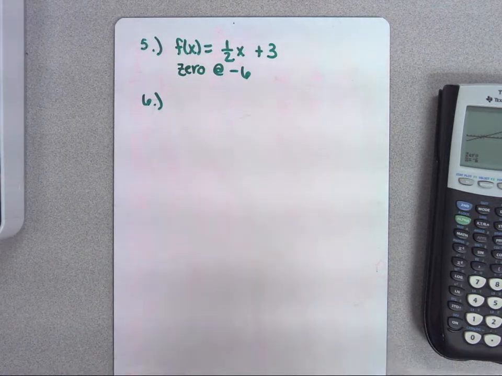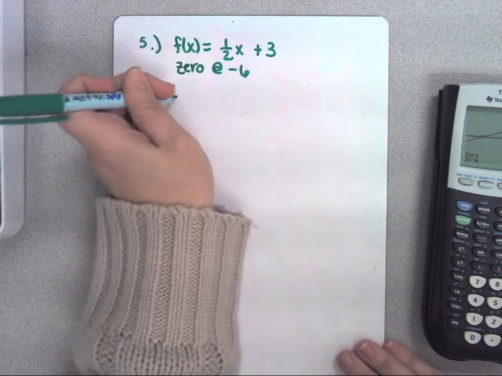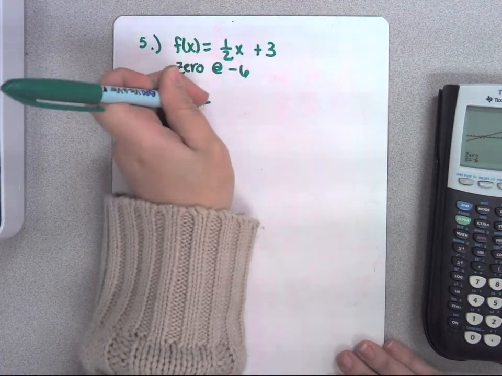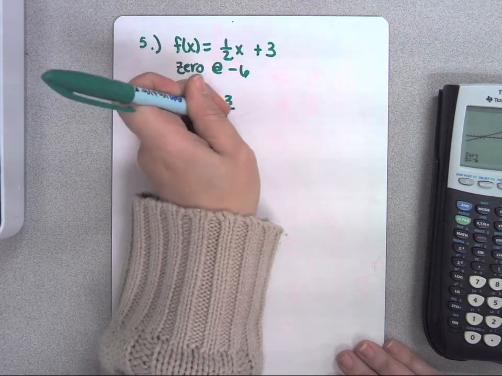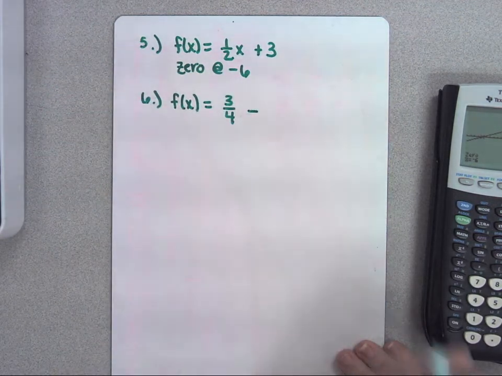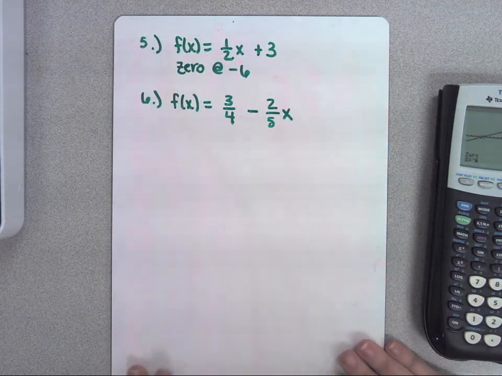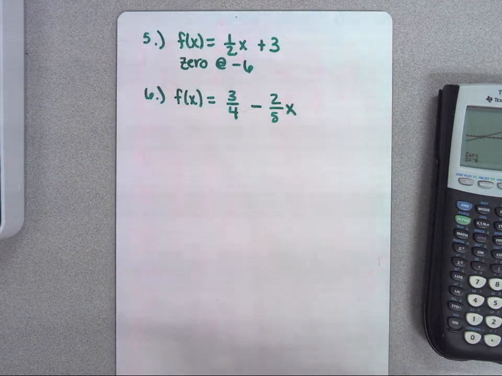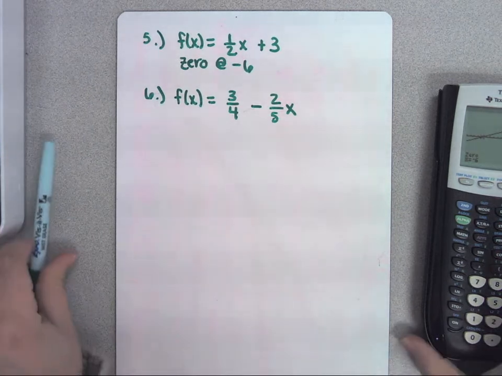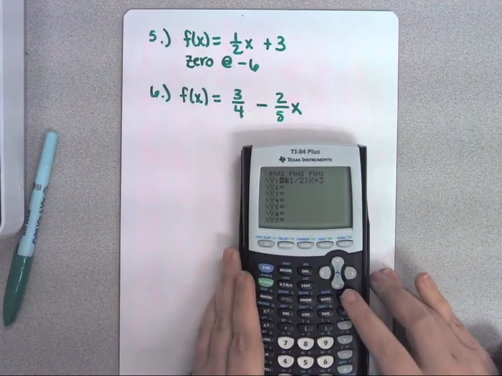Let's pick a real ugly one. Ooh, this guy. f of x equals 3/4, there's no x on it, minus 2/5 x. You can type it in that way. Just make sure you put parentheses separately around each fraction.